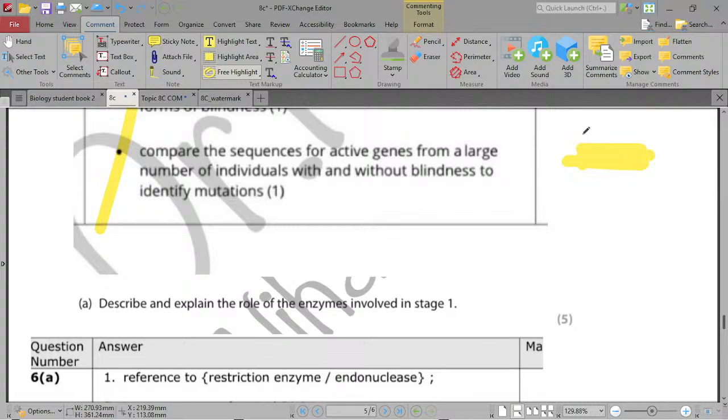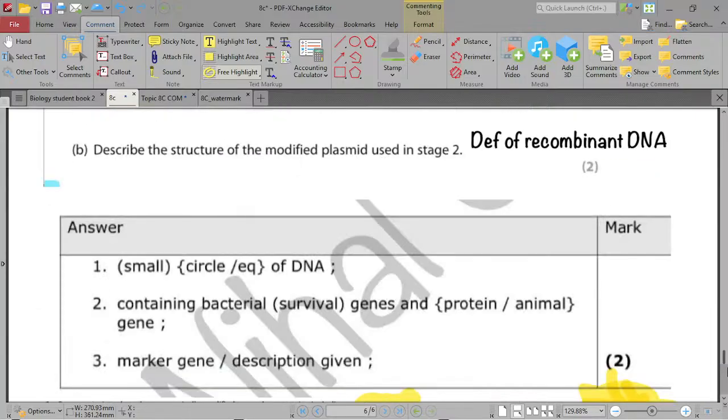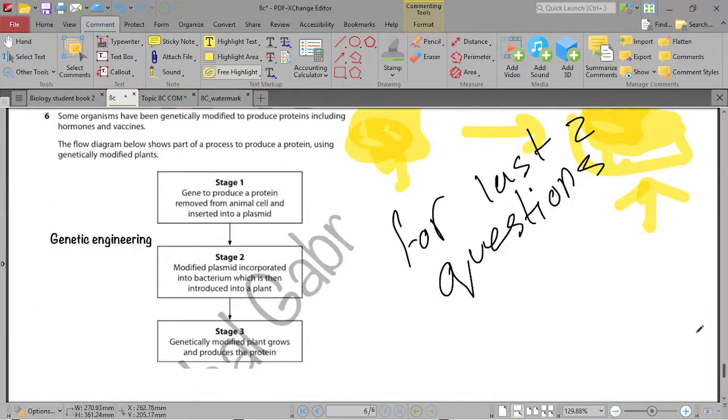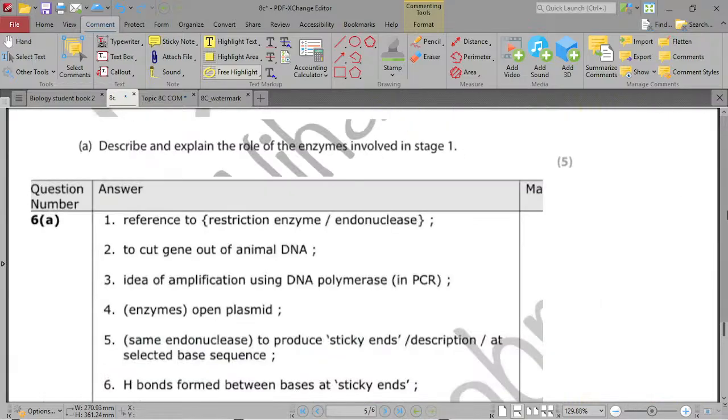Restriction enzyme is also used to cut the DNA of the plasmid. Then DNA ligase enzyme is used to fuse or insert the desired gene into the plasmid.